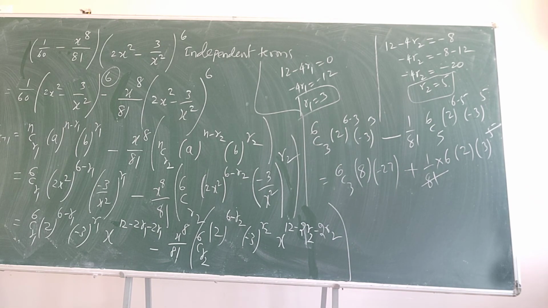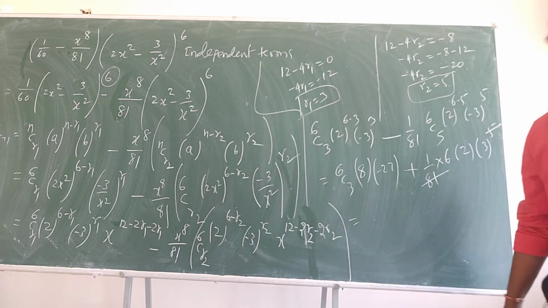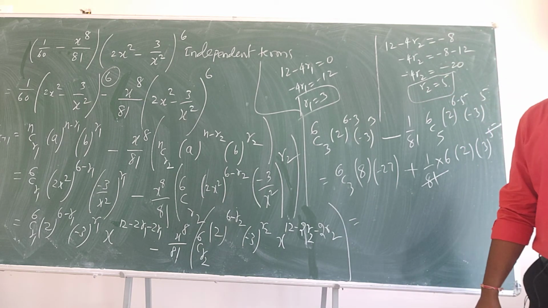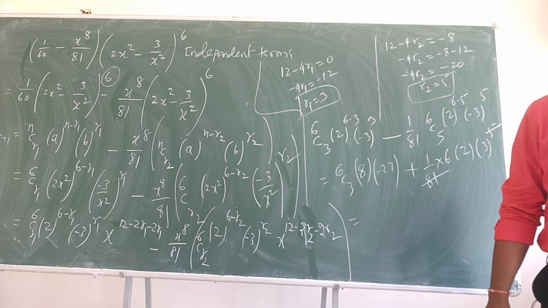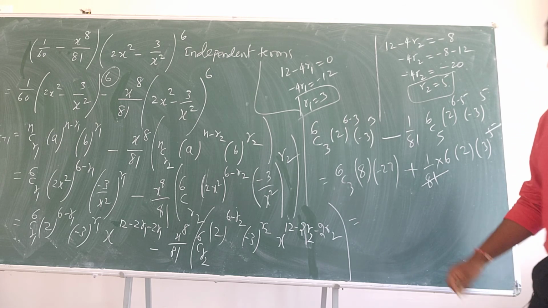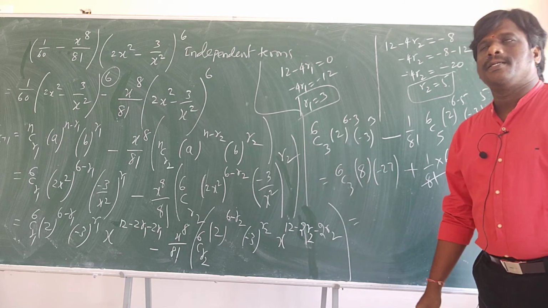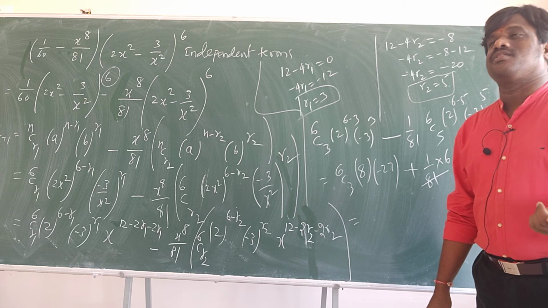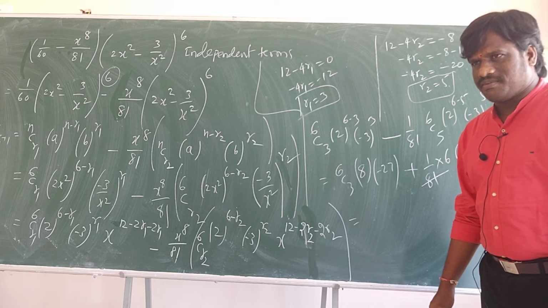Who is left now? 6C3 how much? 6 into 5 into 4 upon 20, confirm?